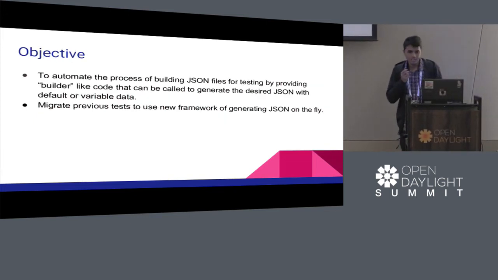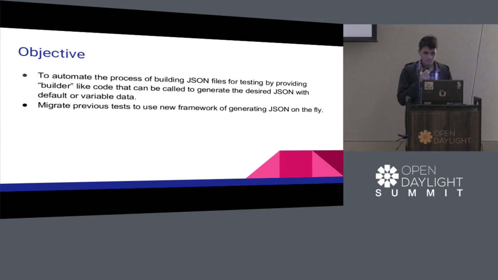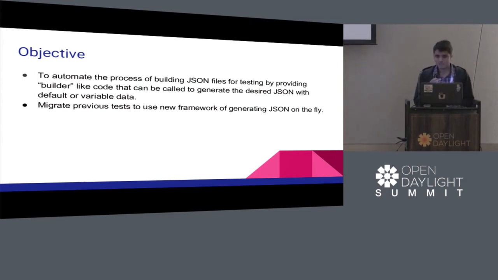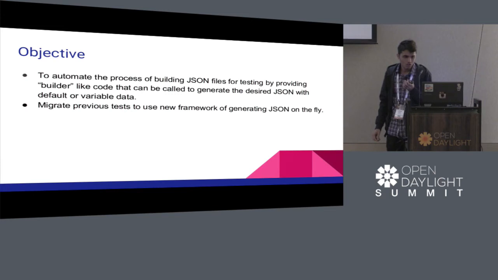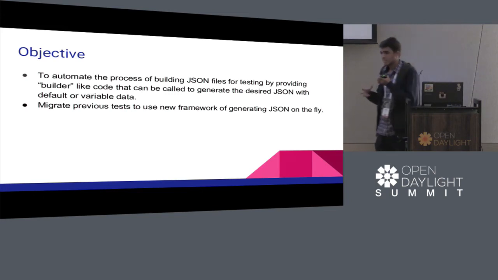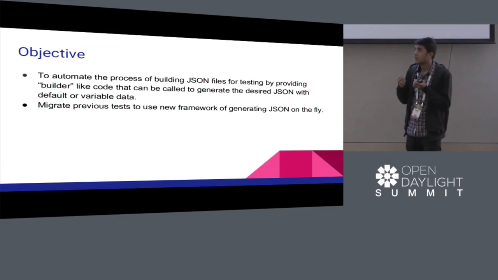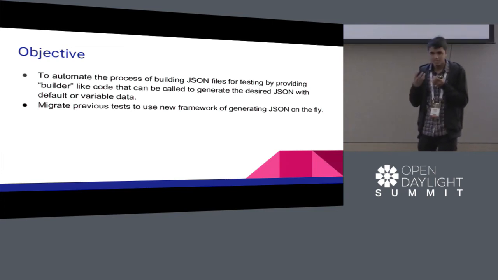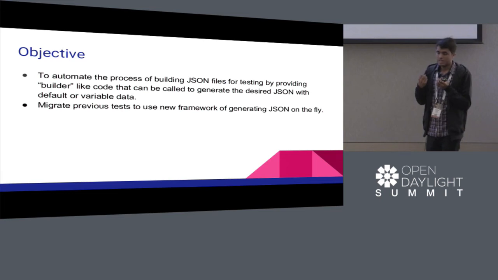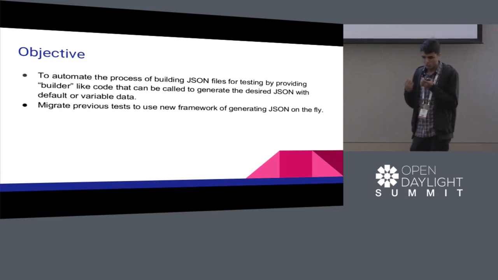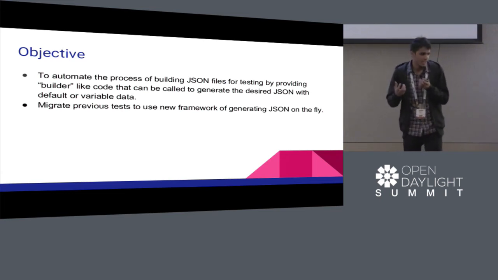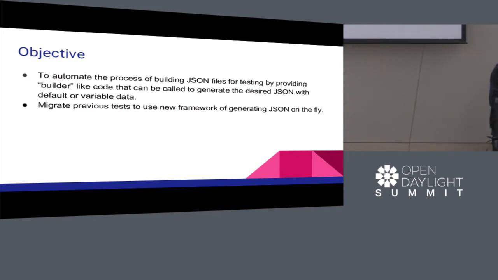Our objective was very clear. We needed to automate the process of building JSON files for testing by providing some builder-like code that can be called to generate the desired JSON with default or variable data. We needed a framework with helper APIs that can be called in robot tests, so that they can be used in an efficient and readable manner.